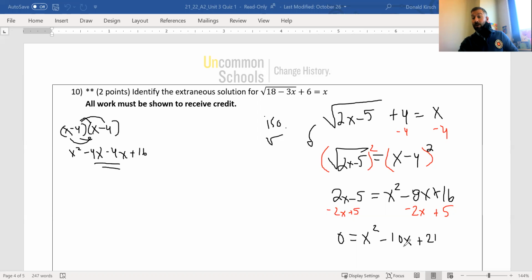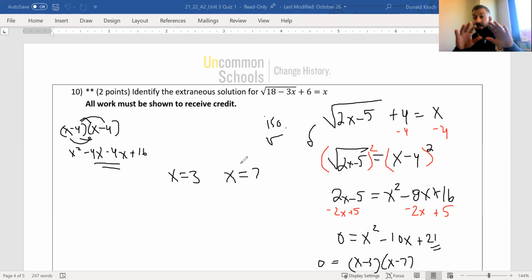Now I can solve this by using the quadratic formula or factoring. I know factors of 21 are 7 and 3, so I can make them both negative 7 and negative 3. Those are my factors. So what are my solutions? My solutions are x equals 3 and x equals 7. Now, this is solving, but I'm not done because number 10 asked you specifically to identify the extraneous solution.